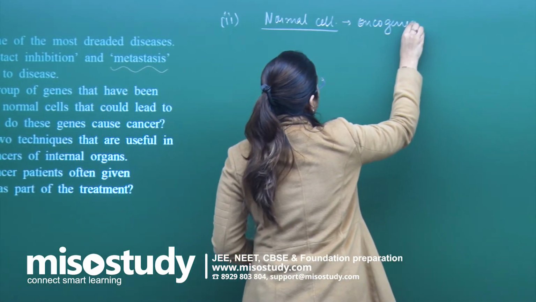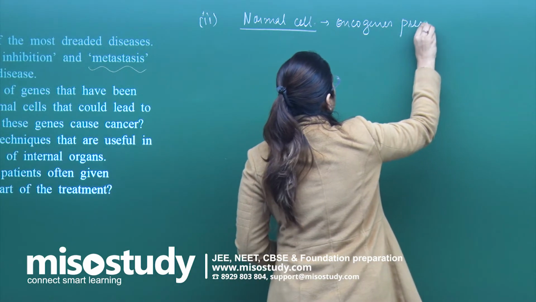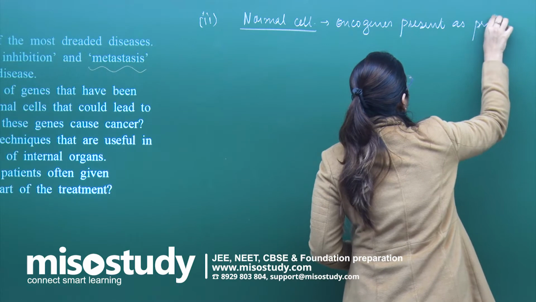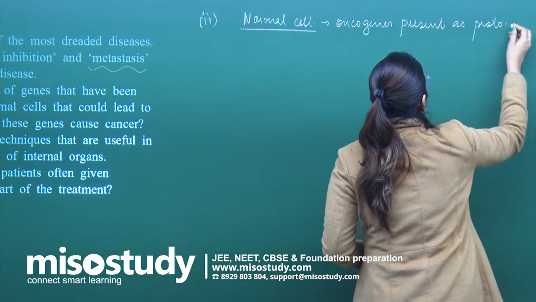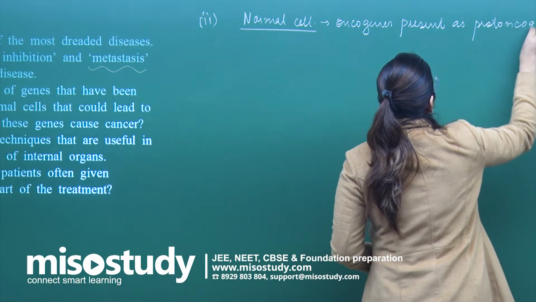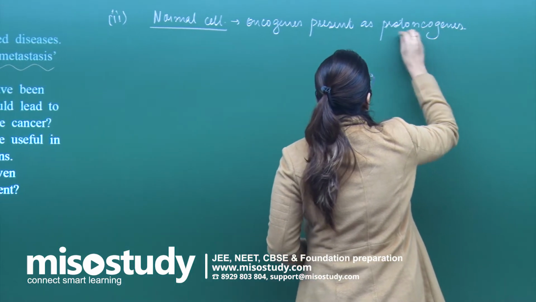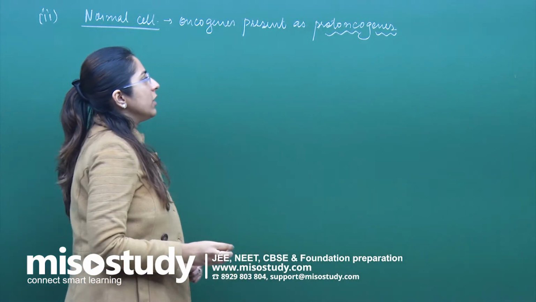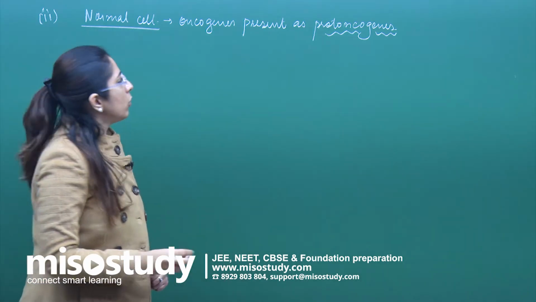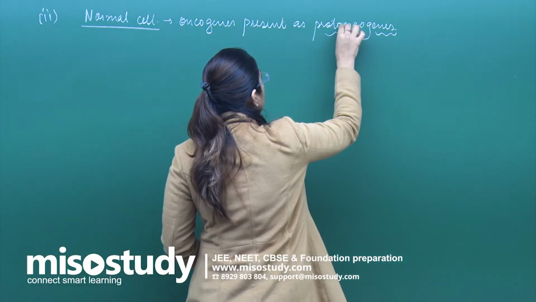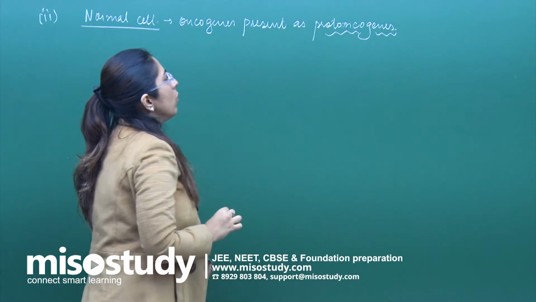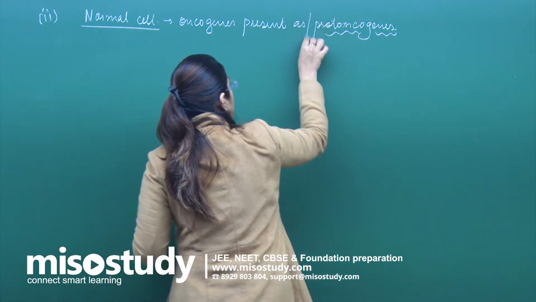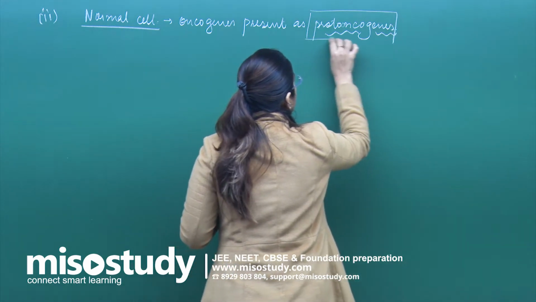Oncogenes are present as proto-oncogenes. These proto-oncogenes are present in a normal cell.